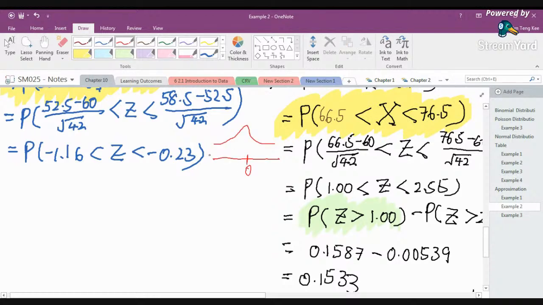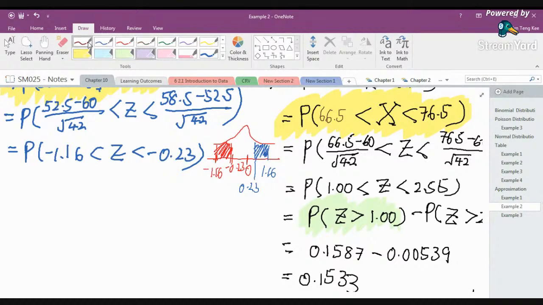The middle is 0, so I have negative 1.16 and also negative 0.23. This is the region. For the region on the left, I cannot use the statistical table to help me. So I consider the region on the right, from 0.23 until 1.16.